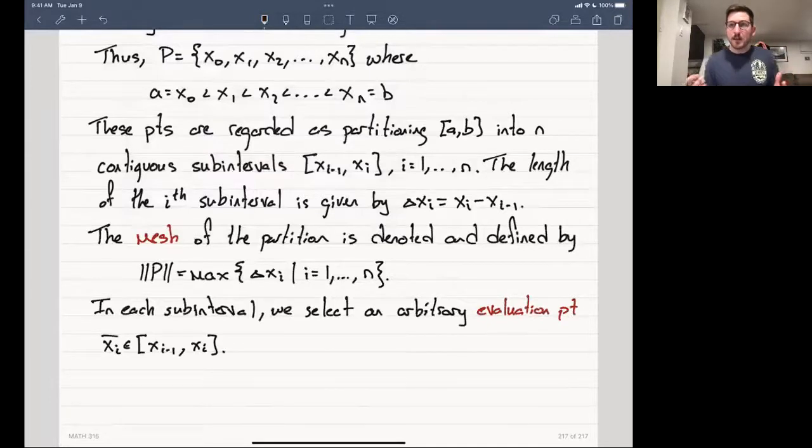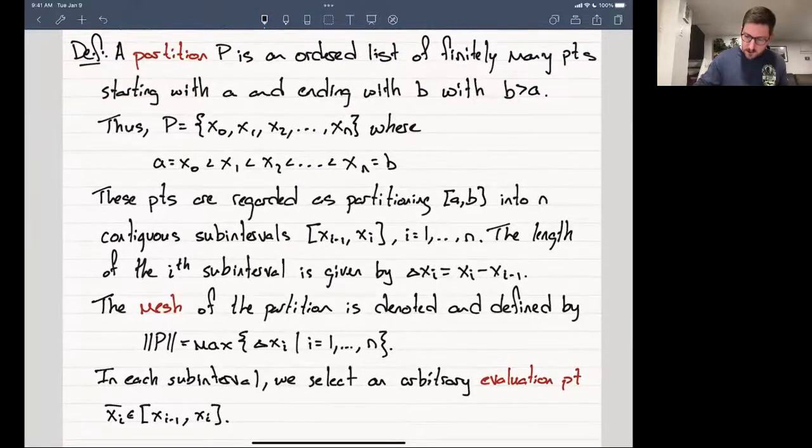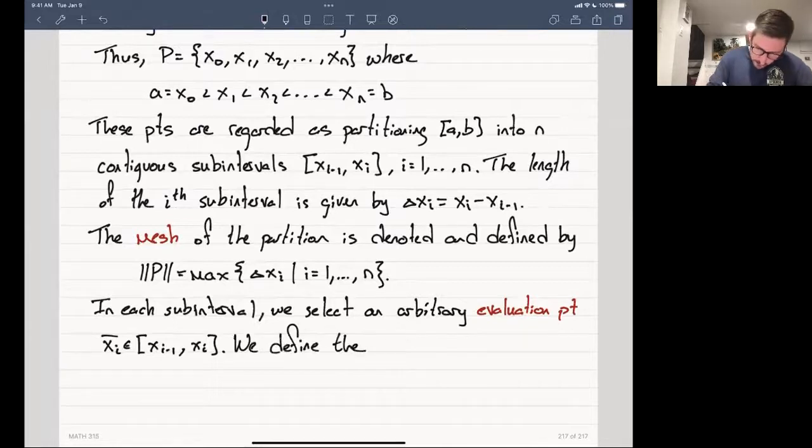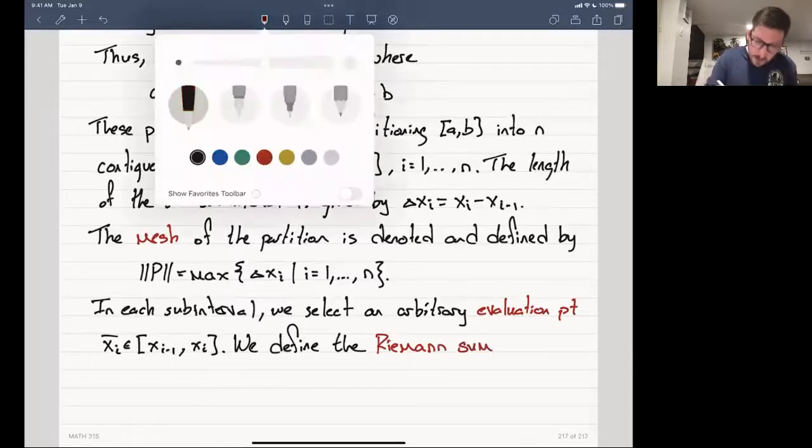And finally, we can define a Riemann sum, right? So this is a huge, huge, long definition here, a lot of moving parts, but this allows us to define the Riemann sum, and let's take a look at it.